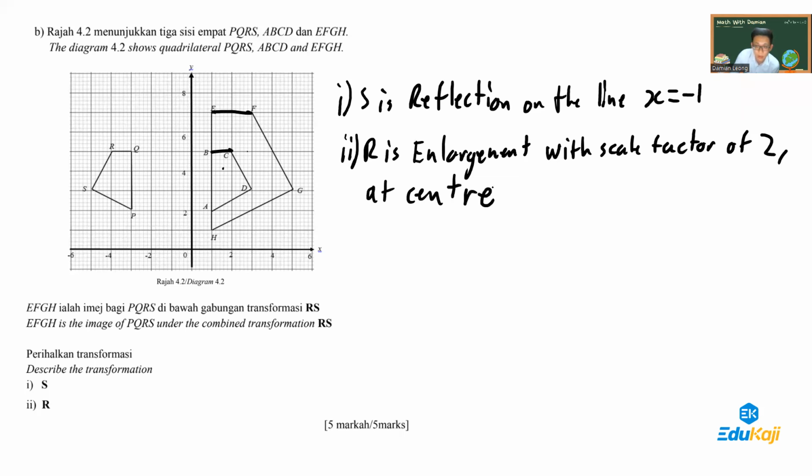center of enlargement. So we can just use straight lines, connect the equivalent points and extend all the way. So F to C here, connect, extend. D to G here, connect and extend. You see all of them will intersect at the same point, which is the center of enlargement.